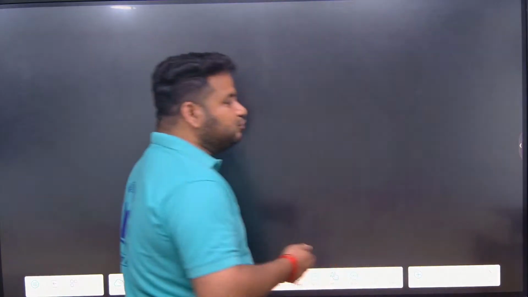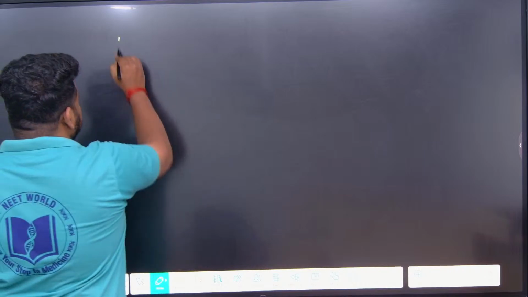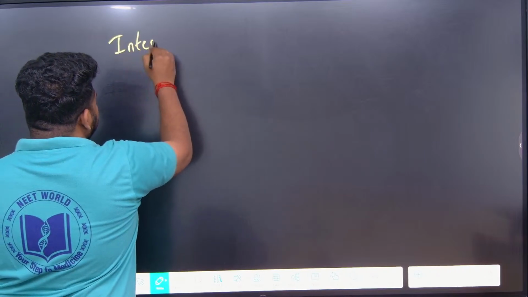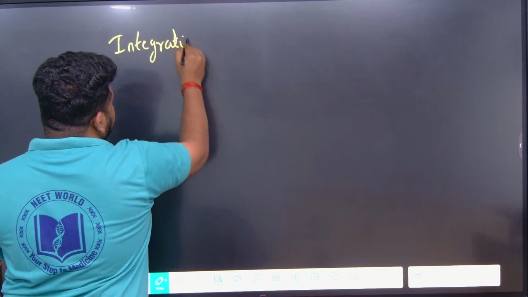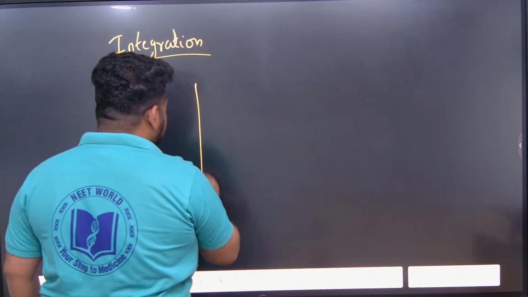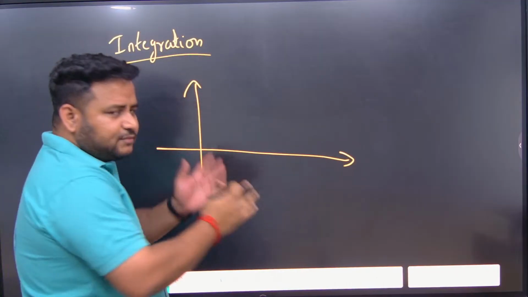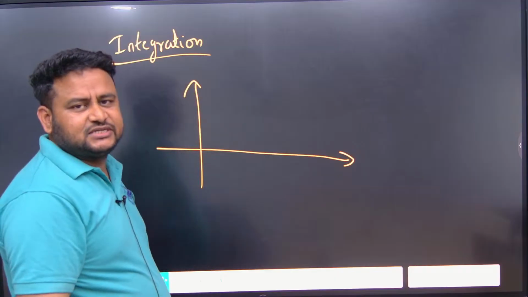Now, what is the utility of integration, if you ask me? In the differentiation class, I told you there is a car moving and it will travel some distance in some time.